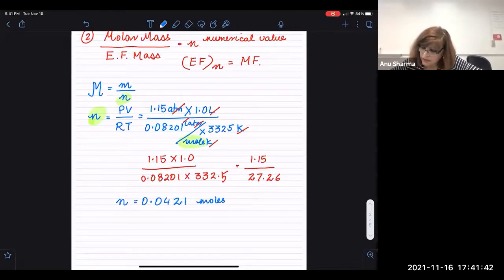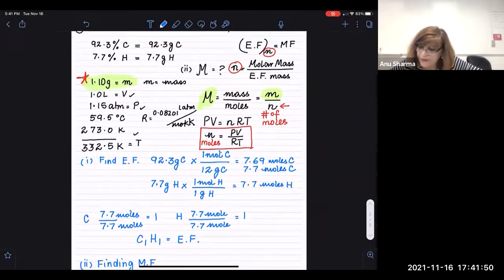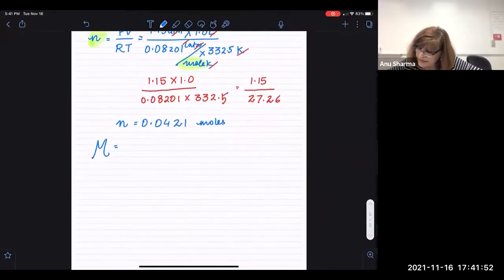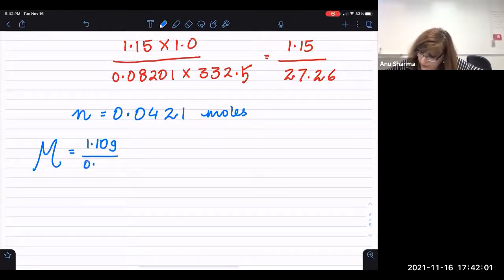Okay, so 0.0421 moles. Now M is equal to the weight. The weight given is 1.10 grams. So take the weight, 1.10 grams, divide by the number of moles, that is 0.0421 moles.